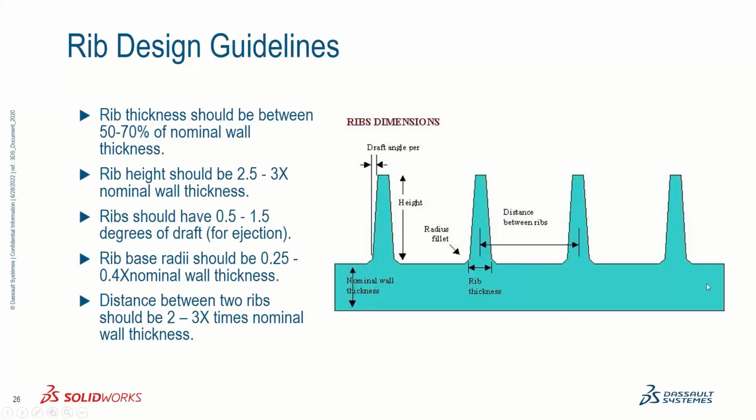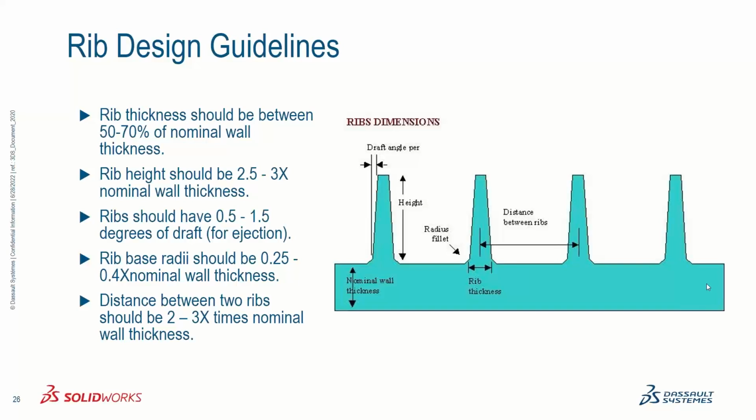So a quick recap of the rib design guidelines. Rib thickness should be anywhere between 50 to 70% of nominal wall thickness. The height of the rib should typically be between 2.5 times to 3 times the nominal wall thickness. You definitely want to have a draft on the ribs to facilitate smooth ejection from the mold.